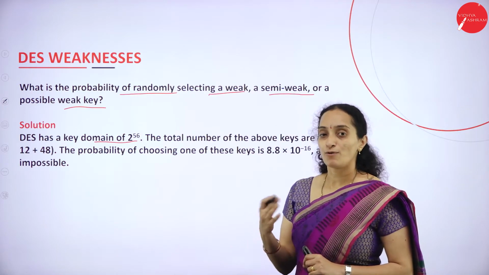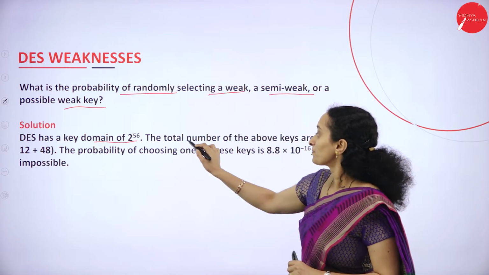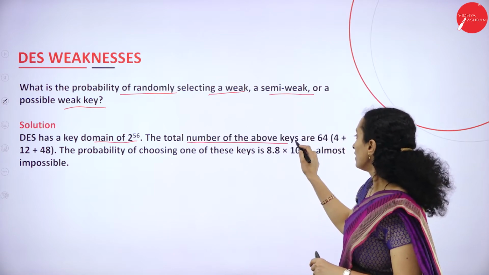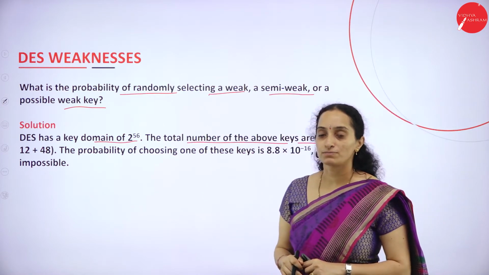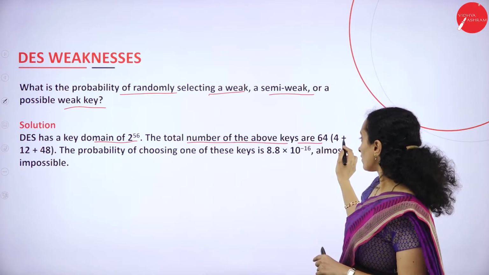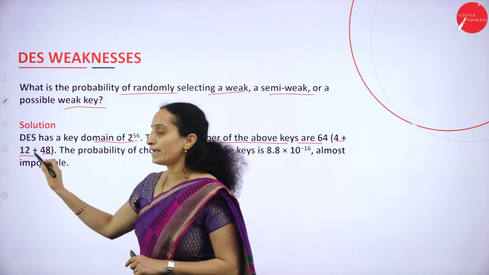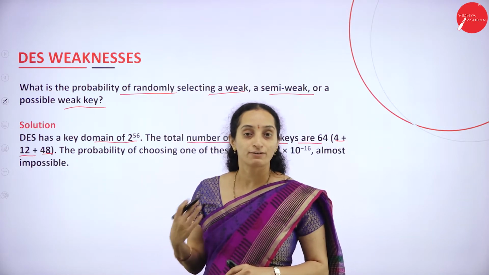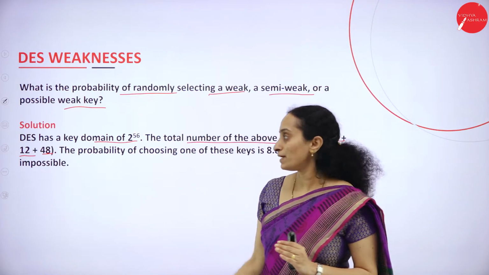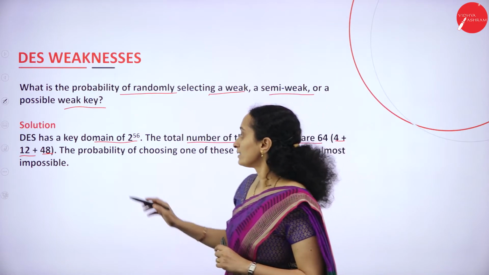How many combinations you get is 2 to the power of 56 keys. The total number of the above keys is 64. The total number of keys that you can use is a combination of 4, 12 and 48, different permutations and combinations. 4 plus 12 plus 48 different permutations of the keys.